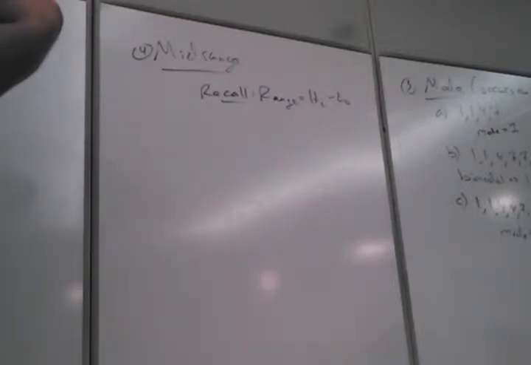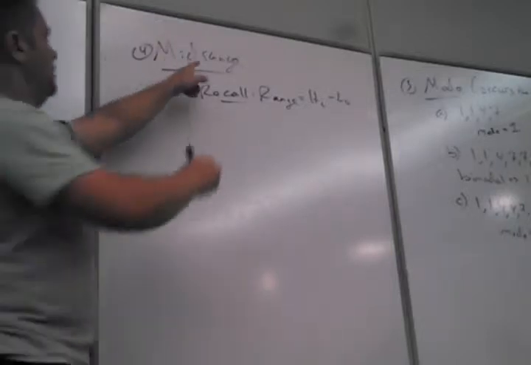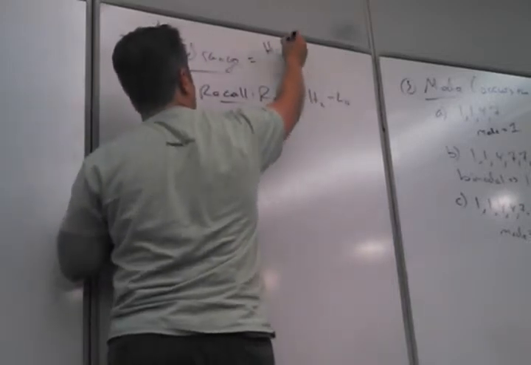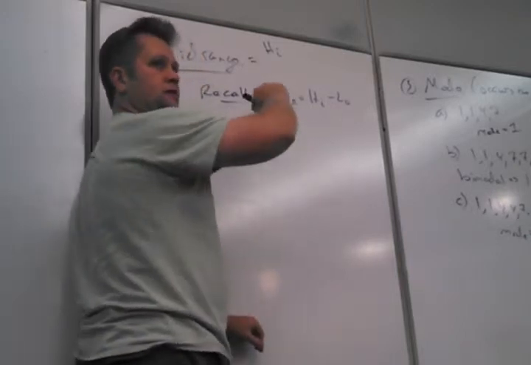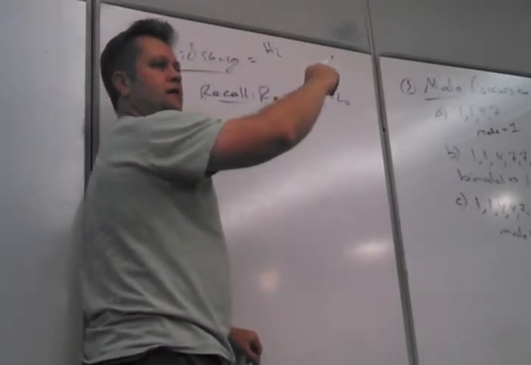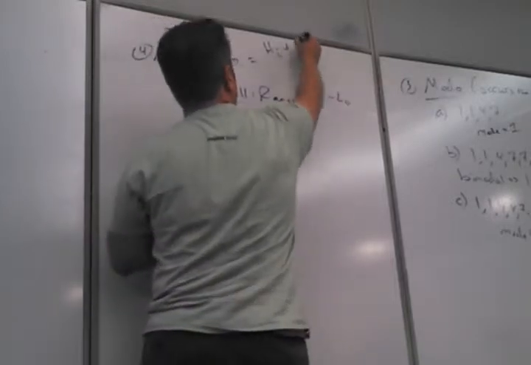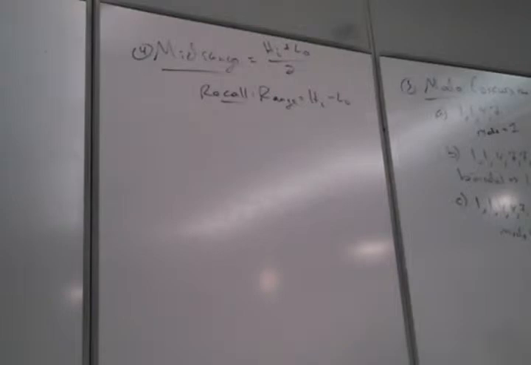So the biggest mistake I see here is people key in on the word range and they think minus. But the mid-range requires me to average these. So it'll be high. How do you average high and low? Add them and divide by 2, right? That's how you average two numbers. Add them, divide by 2.